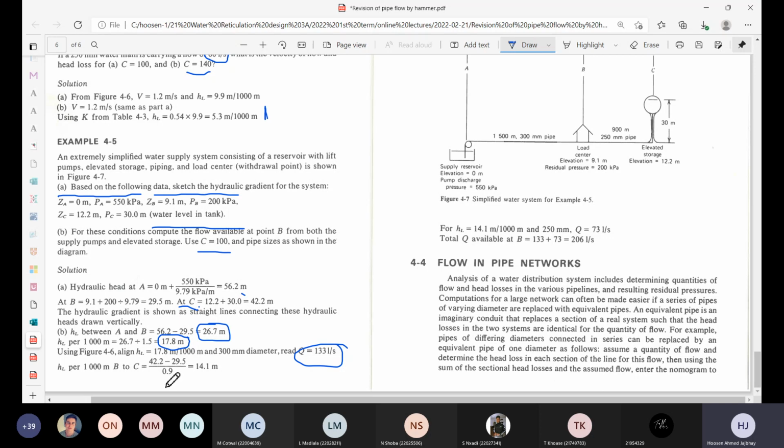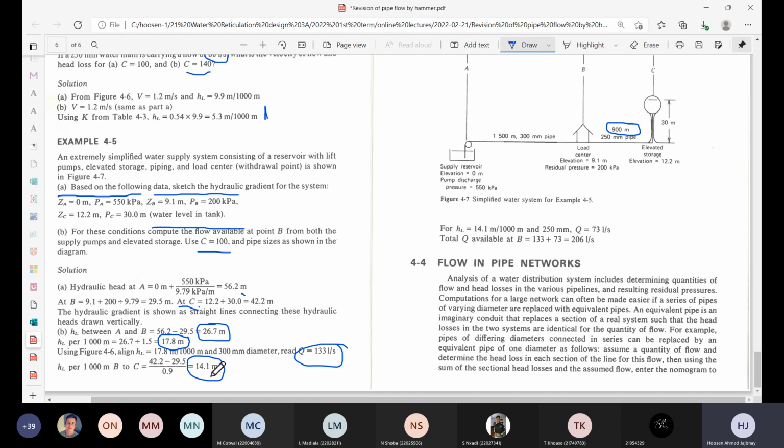Then again, dividing by 0.9 is for the same reason, to convert to 1,000 meters. The length there was 900 meters. So you can divide the numerator by 900 and then multiply by 1,000, which is the same as dividing by 0.9, and you get a head loss of 14.1 per 1,000 meters.